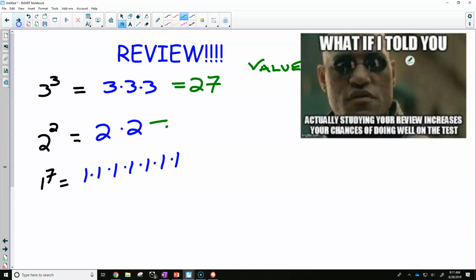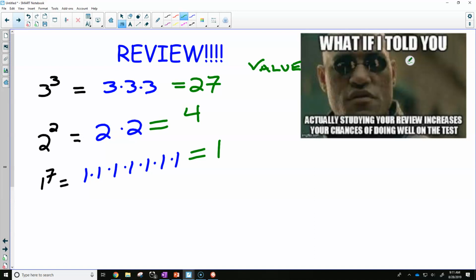What is 2 to the second power? What is its value? 4. And the one that tripped up people on homework, which totally threw me, is 1 to the 7th. It is 1. I found the people that struggled with this were not showing their work.